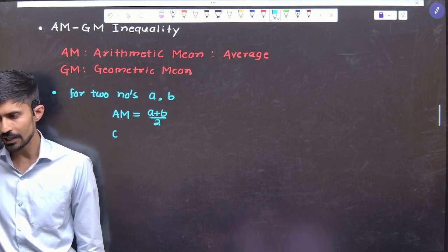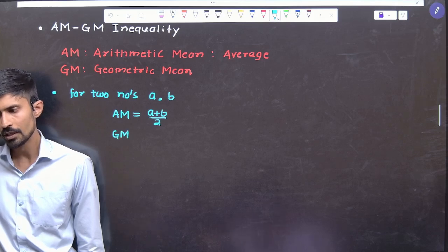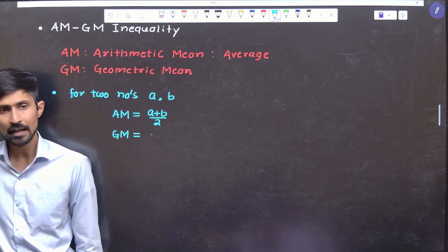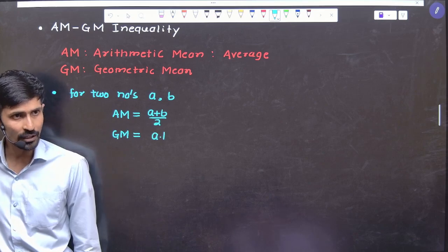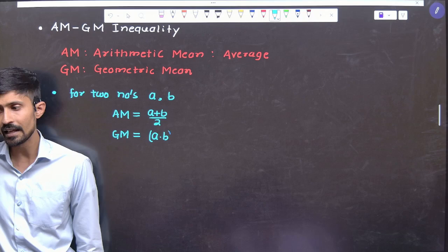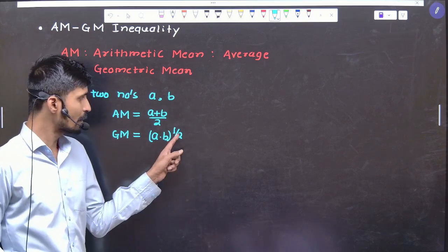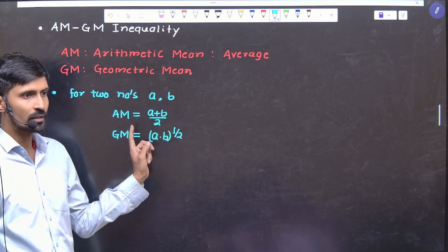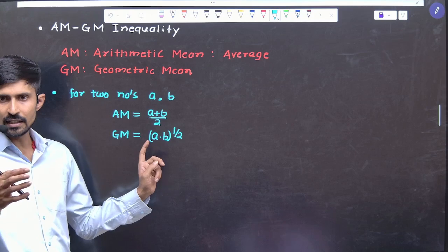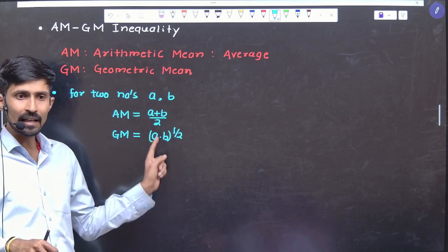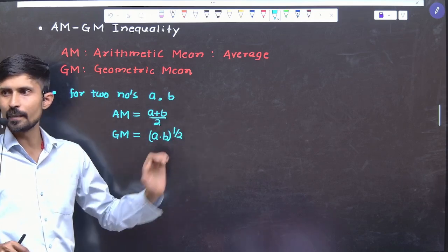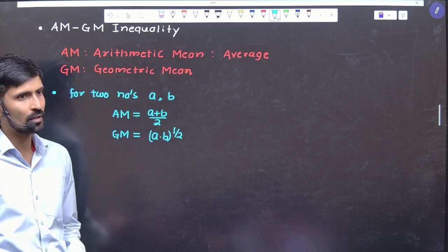Now you have to learn here geometric mean. Geometric mean is multiply both, A into B, and raise to 1 by 2. So from where is 2 coming? Because of 2 numbers, 2 is coming. So if 3 numbers A, B, C are there, what will be geometric mean? A into B into C raised to 1 by 3. Okay.